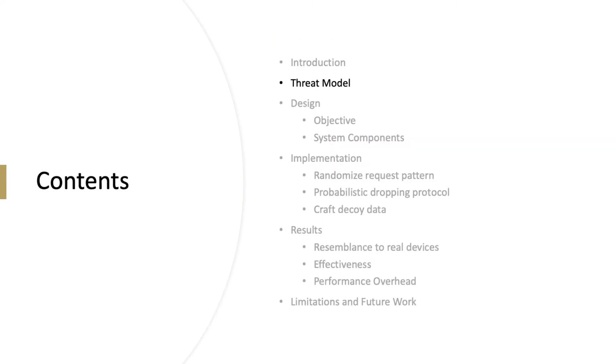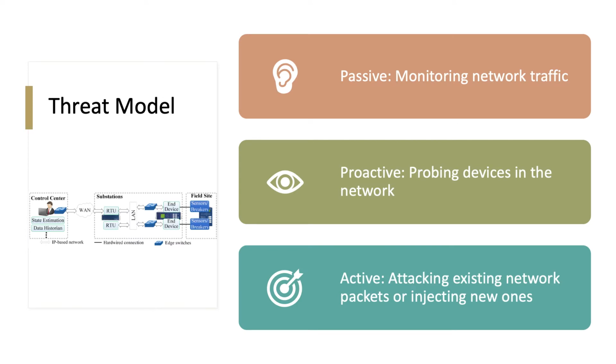Now let's move on to the threat model of this scenario. So the assumption here is that the attacker will gain access to one of the elements in this smart power grid system. For example, maybe it's called remote something unit, well, anyway, the attacker will gain some access to part of the system.